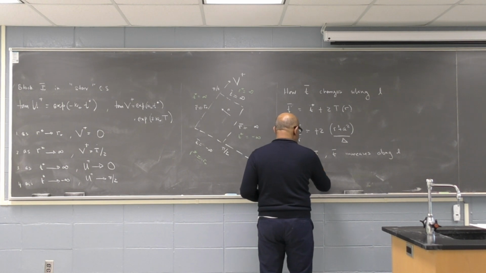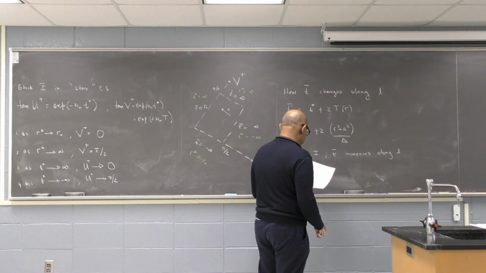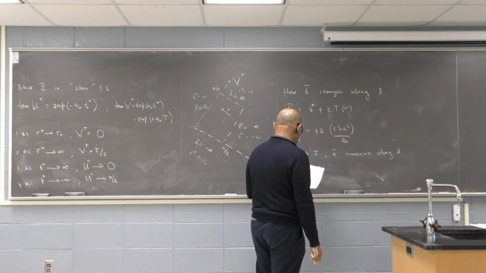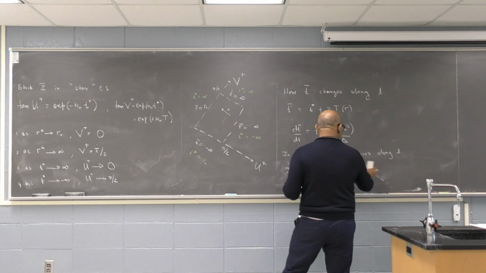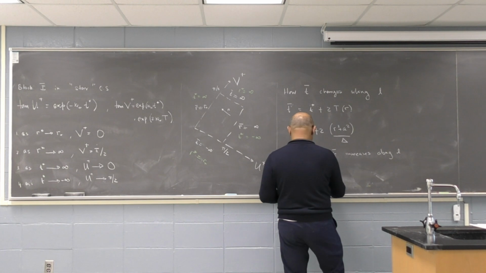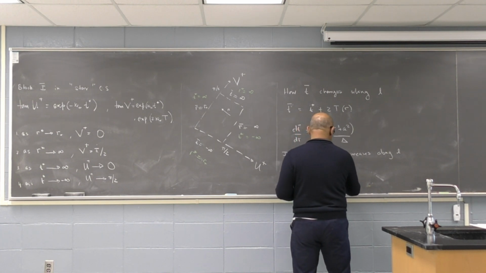If you copy it down, when we draw the diagram, in block 2, wait a minute, in block 2, dt bar dr is less than 0.